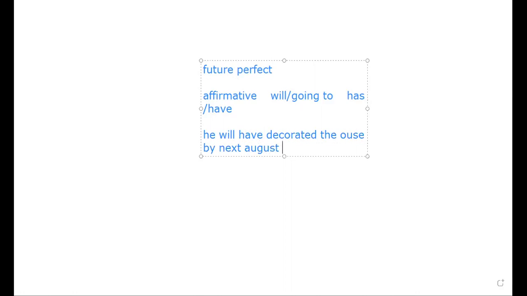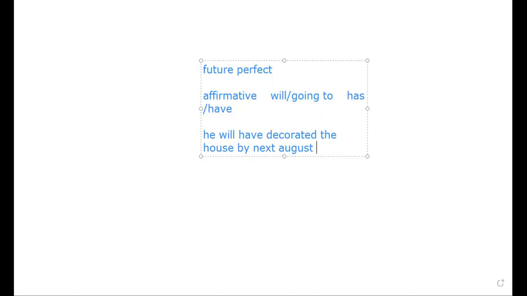As you can see here, this is an active affirmative future perfect tense sentence. He will have decorated the house by next August. This is something that he will do, and he's assured about doing it.